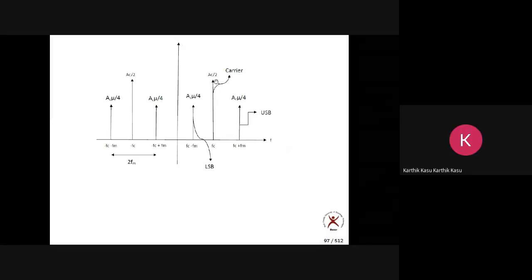Now here, the height Ac by 2 is more compared to Ac mu by 4. Will you accept this? We have 6 impulses. These 2 impulses have height Ac by 2, and the remaining 4 impulses have height Ac mu by 4.